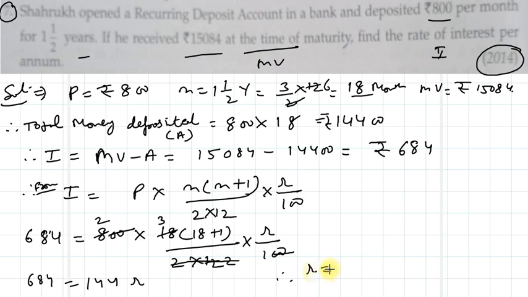Therefore r would equal to 684 upon 144. 144 6 ja 114 is here, 114 6 ja 684. 6% per annum and 96 ja 114, right?